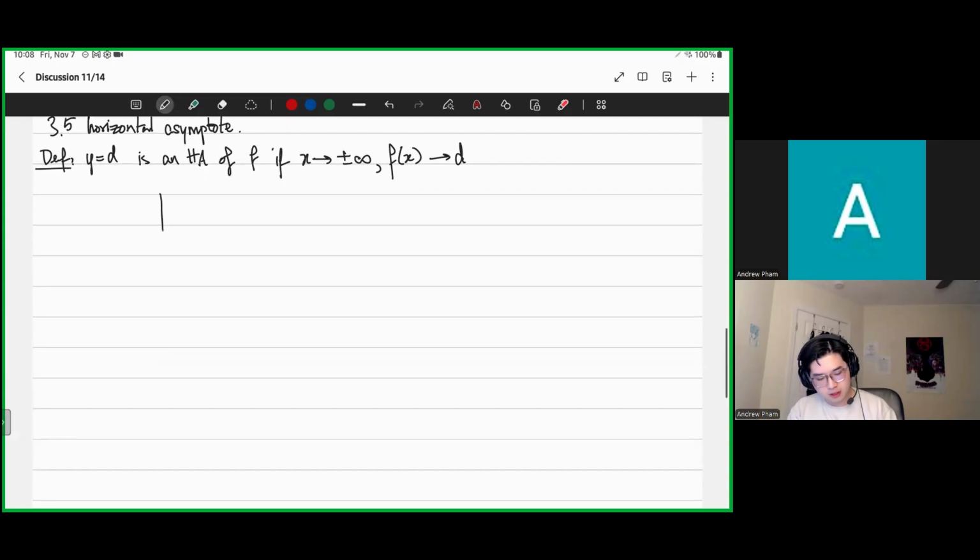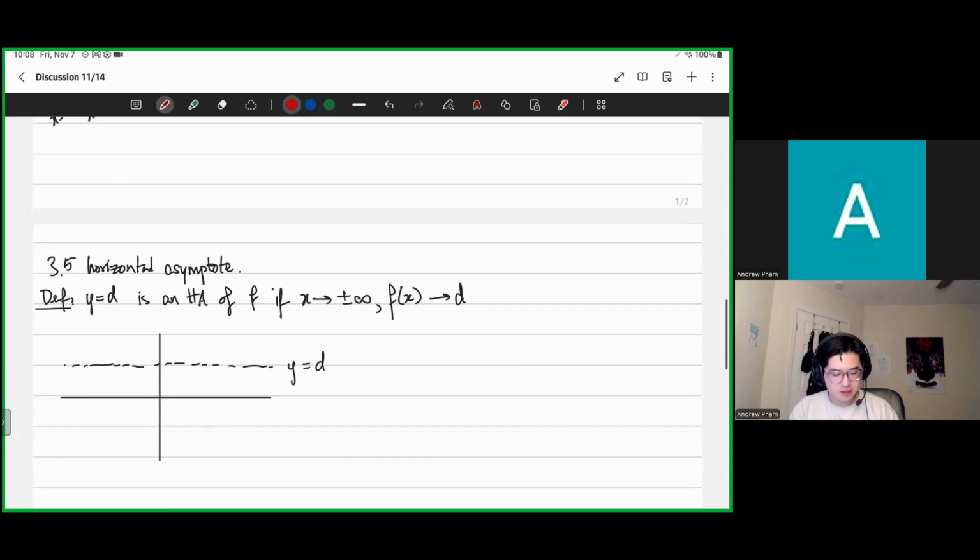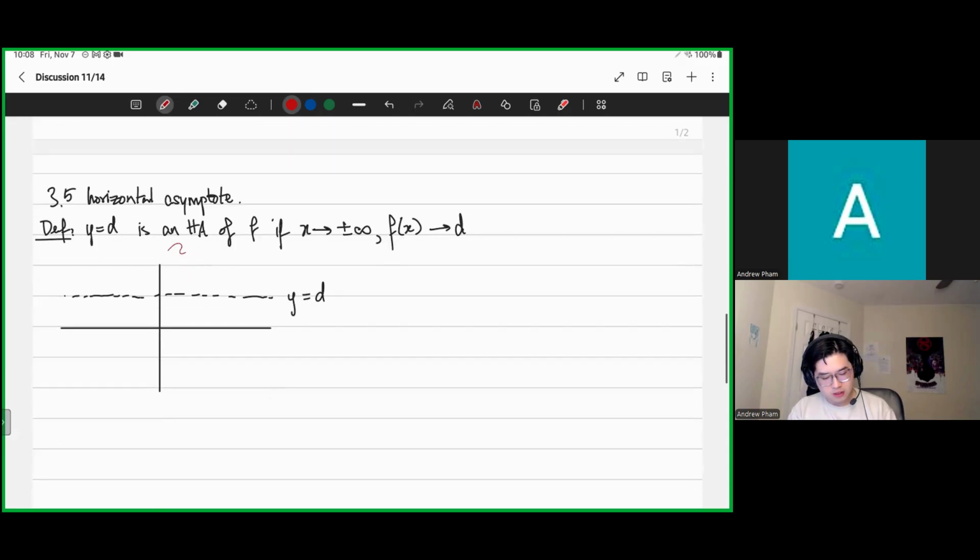So graphically, what does this look like? I'll draw my coordinate plane and draw a dashed horizontal line and call it y equals d. What I'm saying is you have your function, let's say in red, and it approaches it some way, and it can also cross. It's going to limit to your asymptote like a magnet, right?